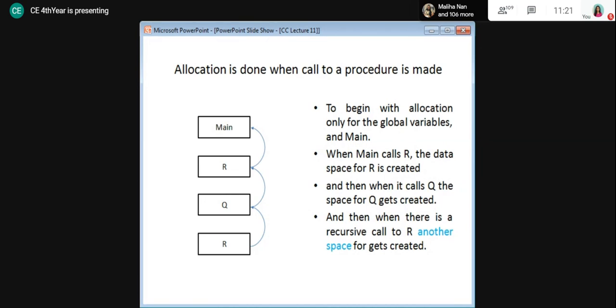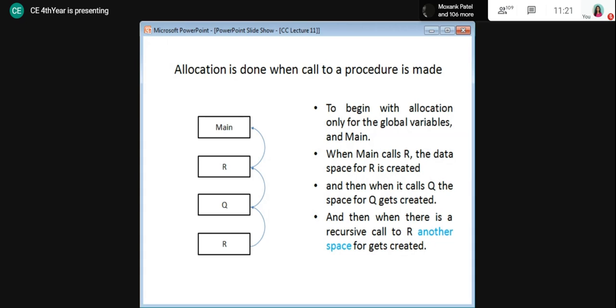Now when a call to a procedure is made, at that time this allocation will be done, and allocation will be done in the form of an activation record, right? So to begin with, what happens is, space for only global variables and main is made. Then when main calls R, the data space for R is created.